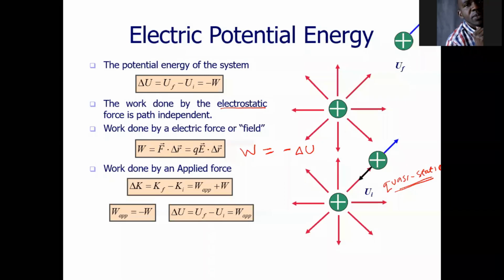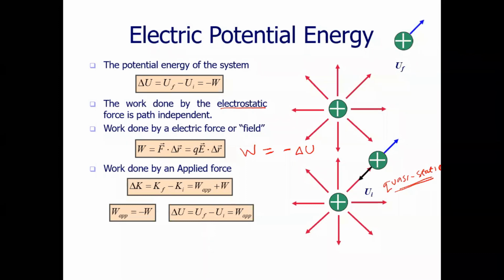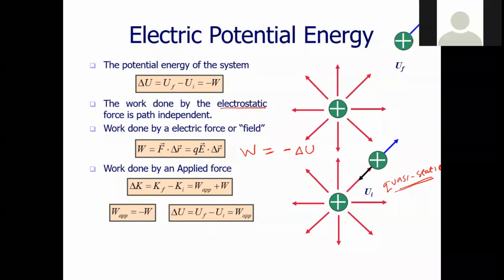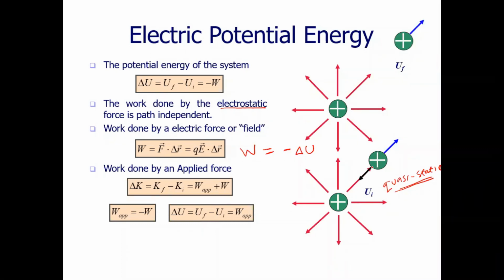Okay. So we ended on the note that we are talking about quasi-static motion. We say that the force that is applied by the external agent must be in the opposite direction to the force that is being applied by the electric field, and it must also be equal in magnitude. We call it the applied force.